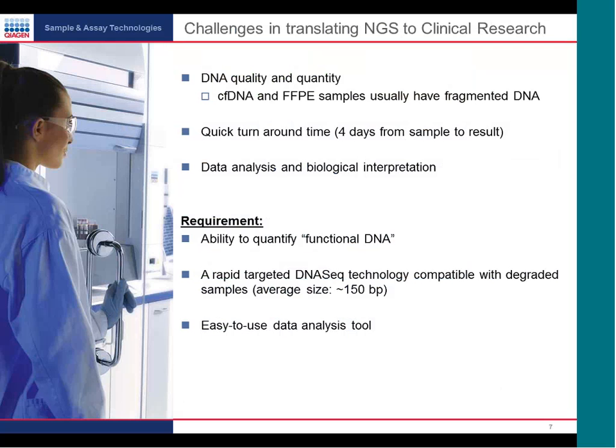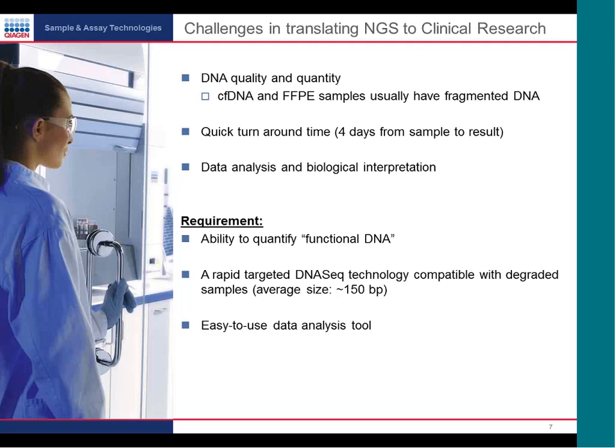You've already seen a lot of applications in Dr. Buttner's presentation. But there are still a lot of challenges when we try to implement it in a clinical research setting, starting from DNA quality and quantity. Most FFPE samples or circulating free DNA are fragmented DNA, so it becomes very important to do accurate quantification of the DNA which is accessible to target enrichment.